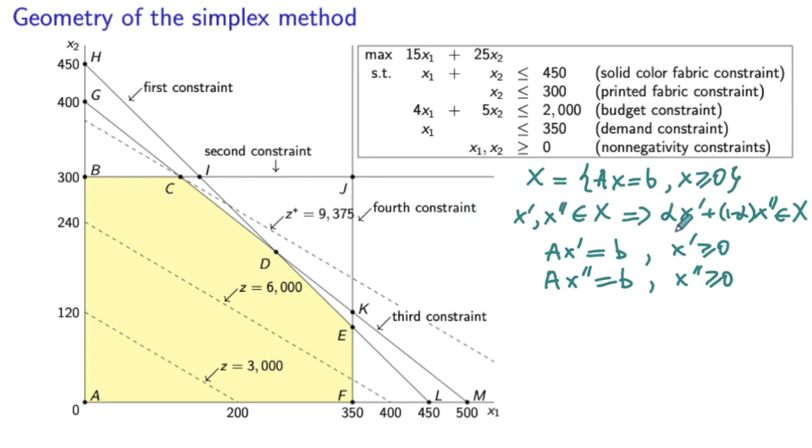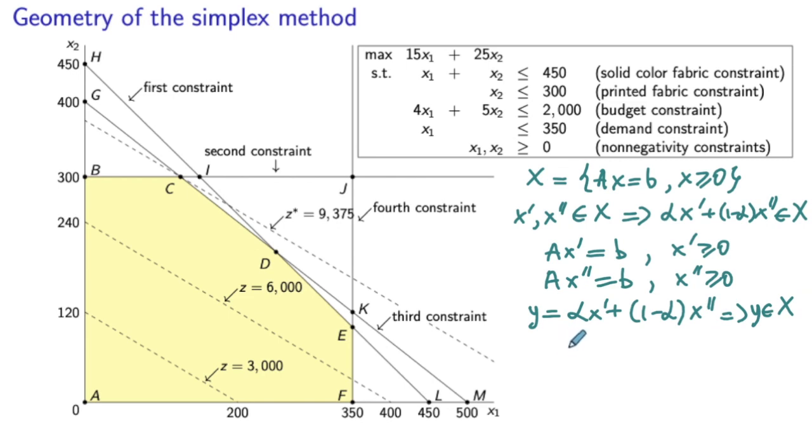Now, I want to show that the convex combination of x' and x2' also belongs to set X, which means that if I denote this by y, αx' + (1 − α)x2', I want to show that y belongs to X also.